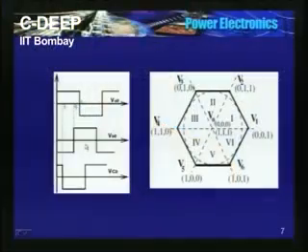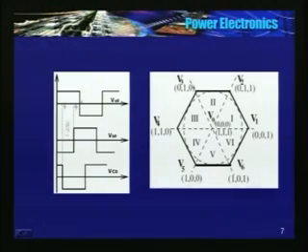But if I use 180 degree conduction, at every 60 degrees one switch is being turned on or off here. We find that the space vector moves by 60 degrees. See here, A was on, B is off and C is on.